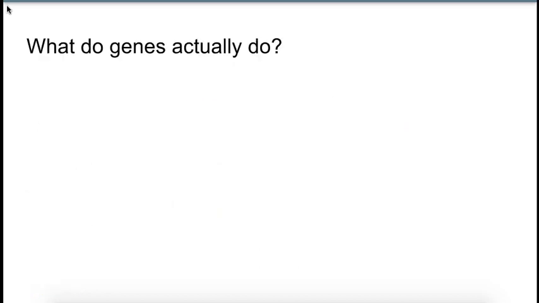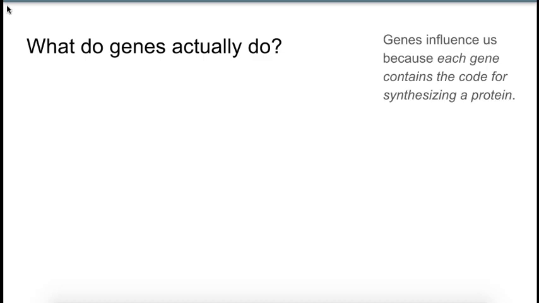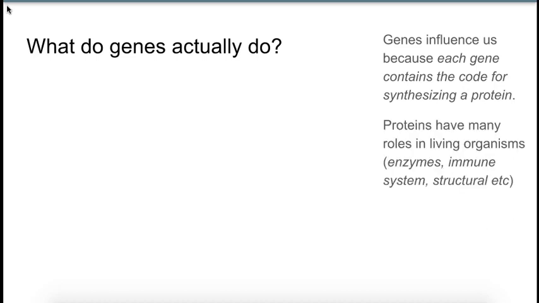So what do genes actually do? Now, genes are so important because they influence us, because each gene contains the code for synthesizing a specific protein. So protein is the key word here. Proteins, as you know, have many different roles in living organisms. So they might form the structural part of our muscles or bones or our connective tissue.